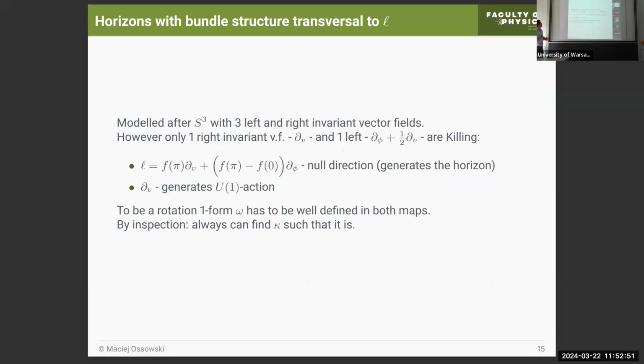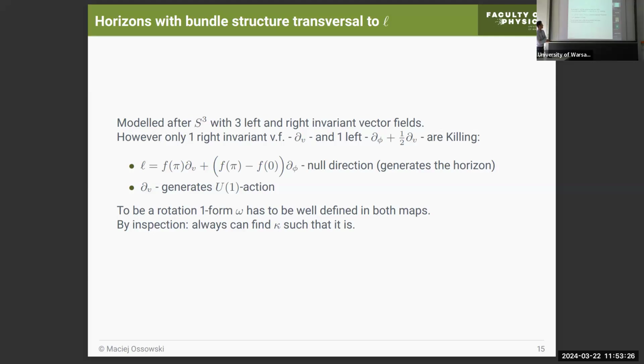Of course, this construction is modeled on horizons of topology of a sphere, which however only one of the right and left invariant Killing vector fields for the sphere are actually Killings of this horizon. Using coordinates here isn't maybe the most general way, however this is definitely the most convenient way that we have found to present those horizons.